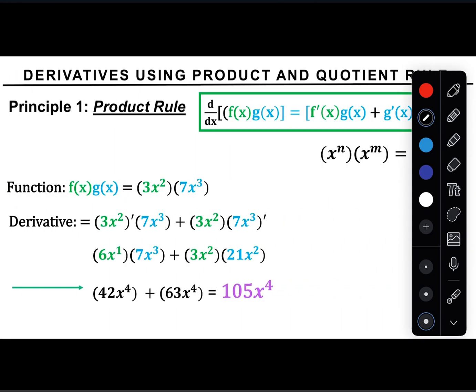We can go down to doing FOIL and multiplying these two together, and these two together. So we come out with 42x cubed plus 63x to the fourth, which gives us a final answer of 105x to the fourth. It's important to remember our exponent rules as well. When using power rule or any derivatives, when we have x to the m multiplied by x to the n, these two exponents are going to be added together.